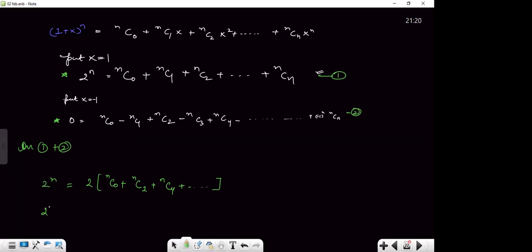And this will become 2 raised to power n minus 1, that is nC0 plus nC2 plus nC4, like this.